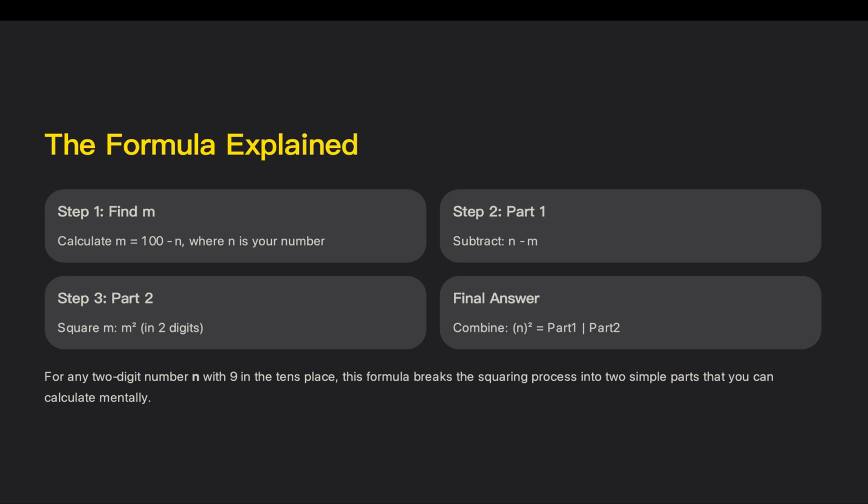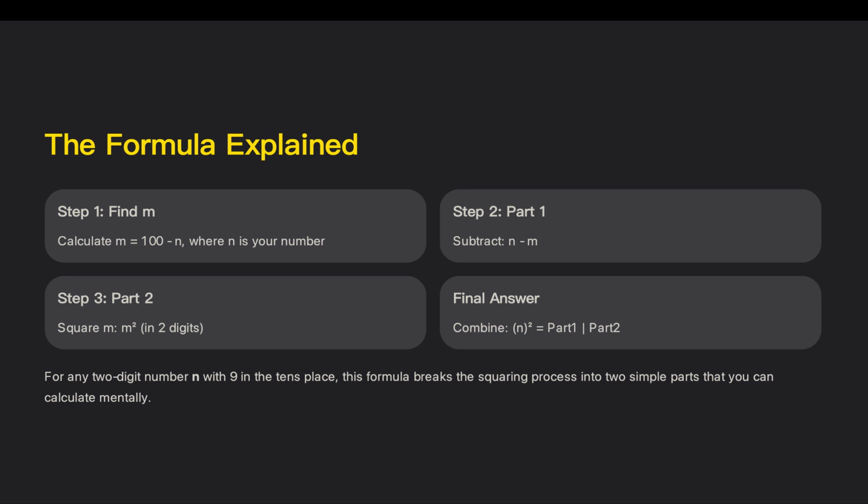So why 2 digits? Sometimes when the square itself is of single digit, still you have to add a leading 0. Okay, the final step, combine part 1 and part 2 together so that you get the final answer. So you have to place part 1 and part 2 side by side.